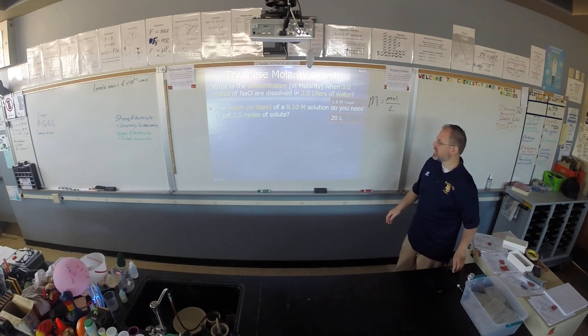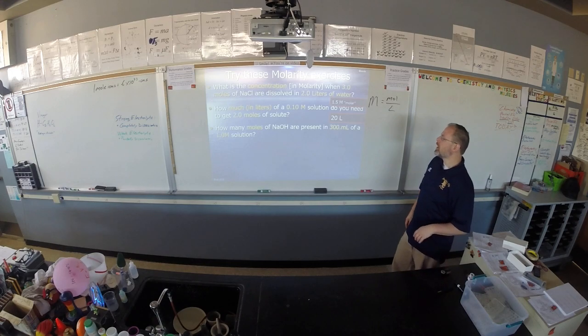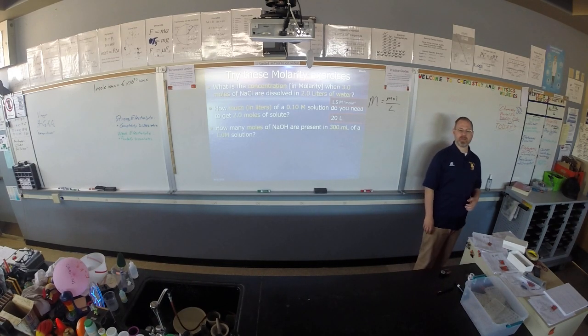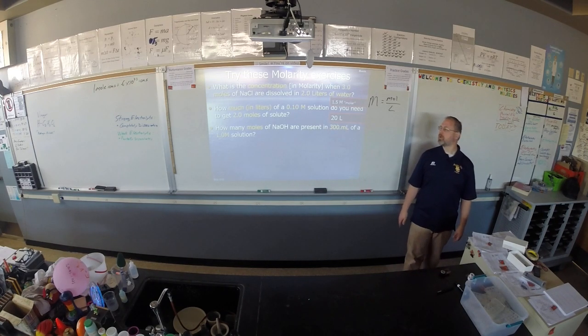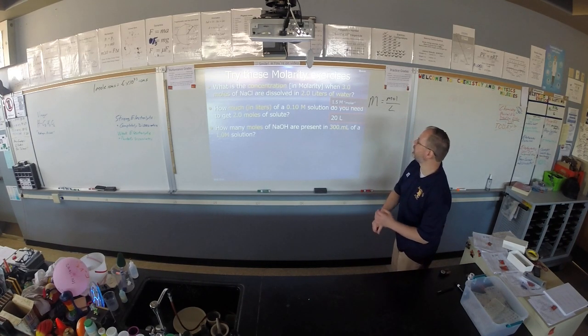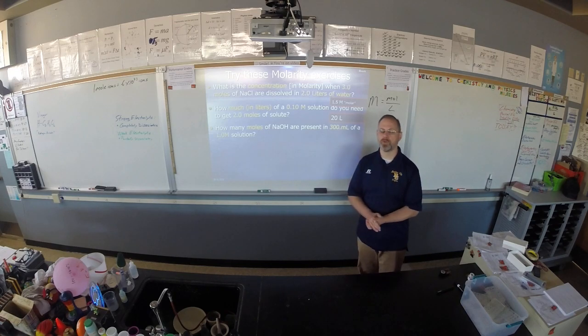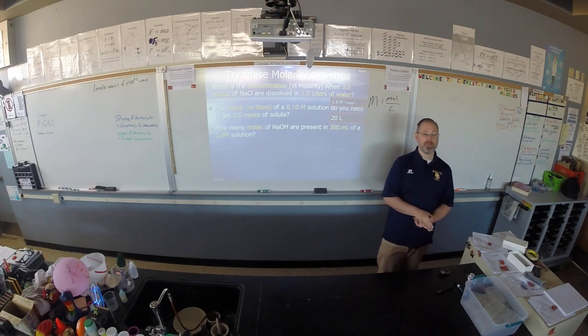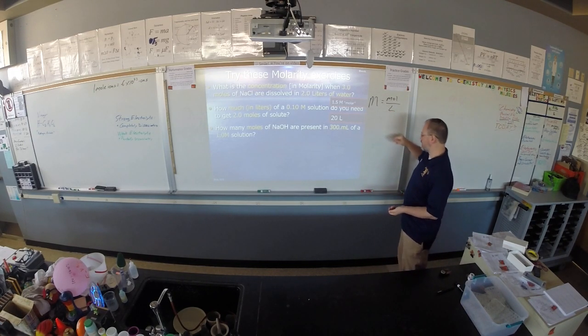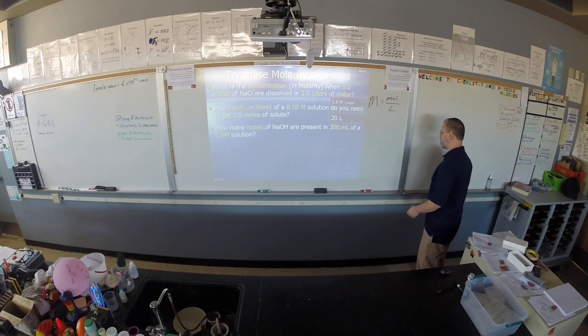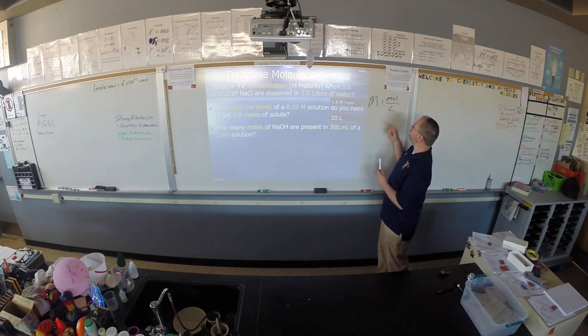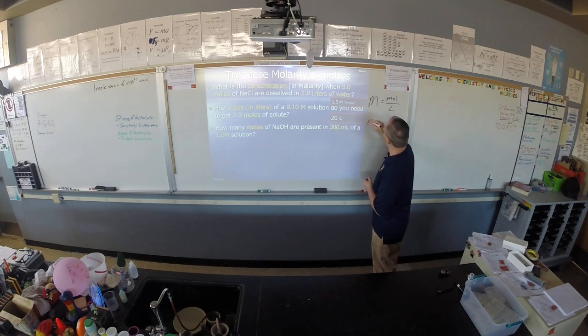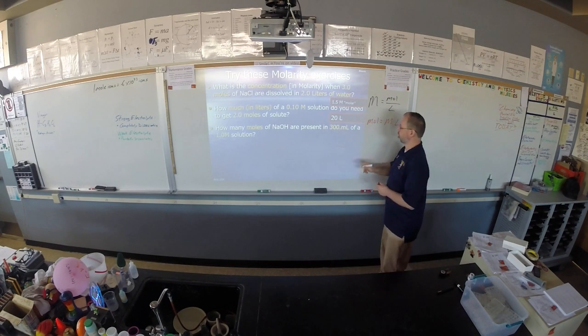All right. Next. How many moles of sodium hydroxide are present in 300 milliliters of a 0.1 molar solution? In this, you might want to rearrange the equation into another very valuable equation: the number of moles I have is given by molarity times liters.